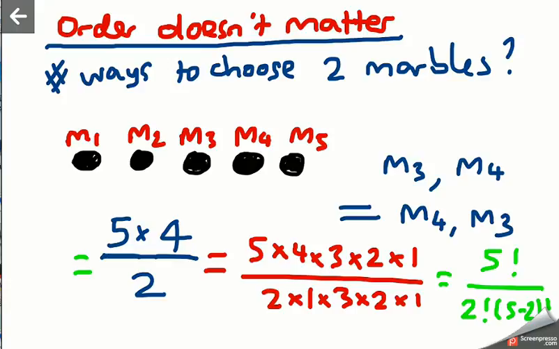This is the number of different ways to choose 2 objects out of 5, and we write it like this: 5 choose 2. So 5 choose 2 is equal to 5 factorial divided by 2 factorial times 5 minus 2 factorial in general.